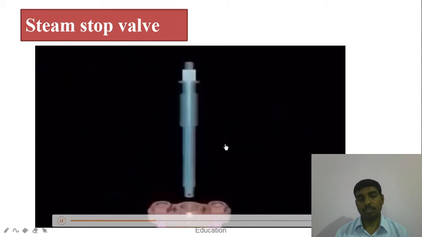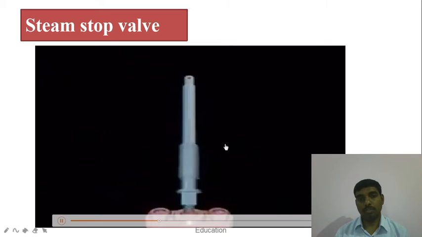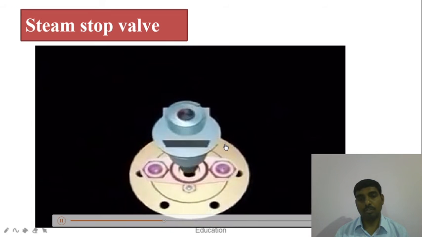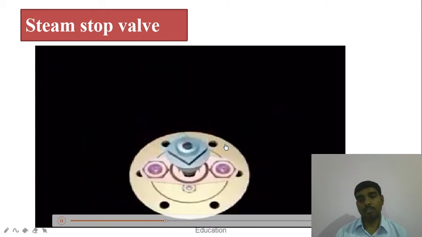The spindle is threaded at one end, which works in the threaded hole of the bridge, so that the spindle can be raised or lowered.